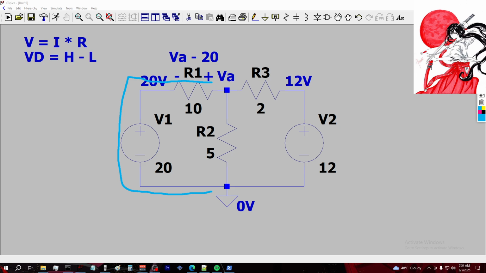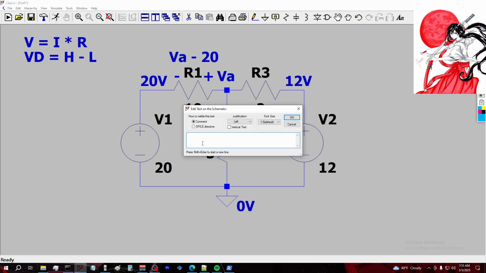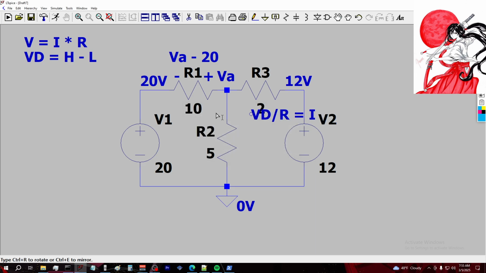So, what we want to do is take the voltage difference of the battery. Okay, hold on. Let's write that equation down. So VD divided by the resistance equals I. We can also look at it like that.